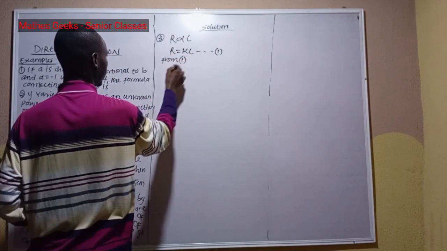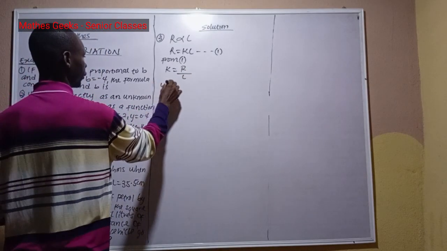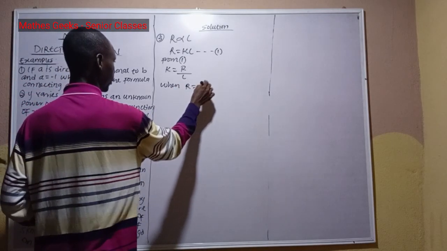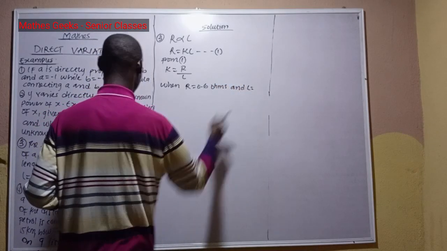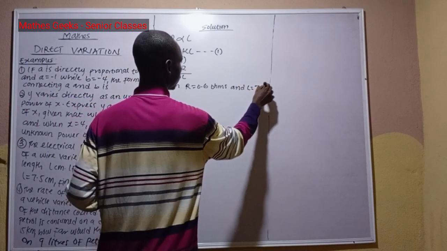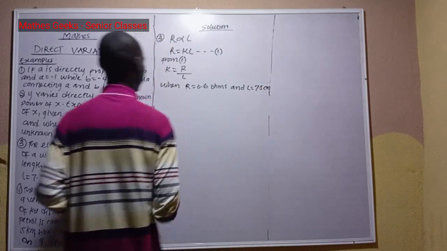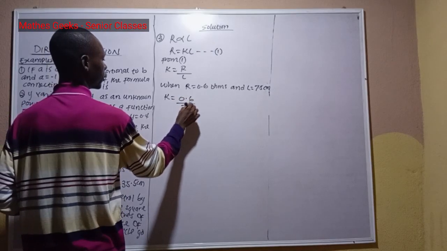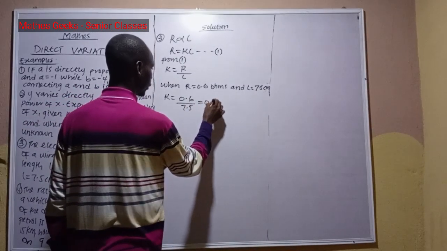So from equation 1, k is equal to R over L. When R is equal to 0.6 ohms and L is equal to 7.5 centimeters, k is equal to 0.6 over 7.5, which is equal to 0.08.